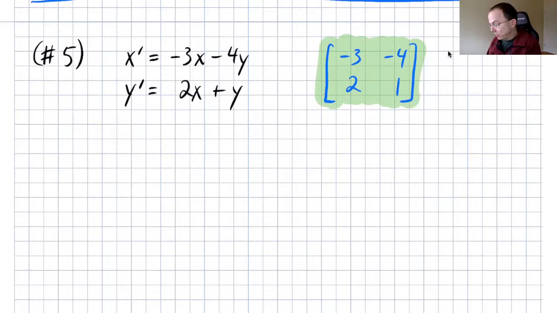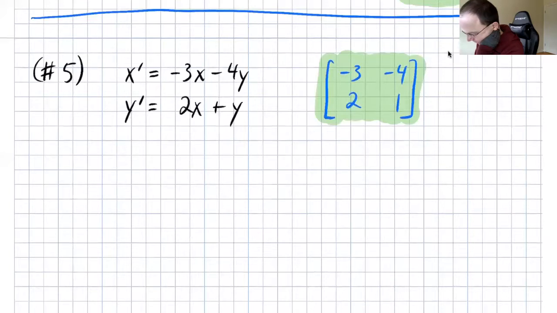And we'll actually see that when we solve this, we're going to get cosine and sine terms, which come from imaginary roots of the characteristic polynomial. But let's just use the method of elimination to solve this, because it's pretty straightforward.